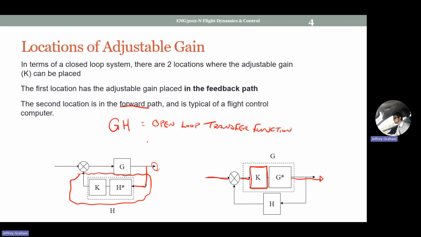Right, and what you can do is close this off to form a closed loop system. This is often written in 2 ways. It's either written like that, or GH equals 1. The basic is rewritten with that equation. This one is the closed loop transfer function.